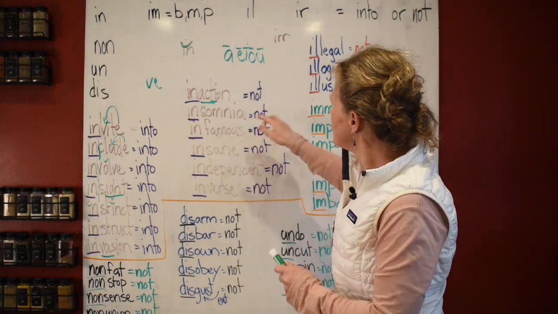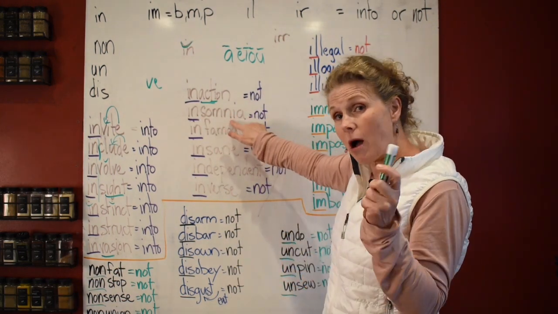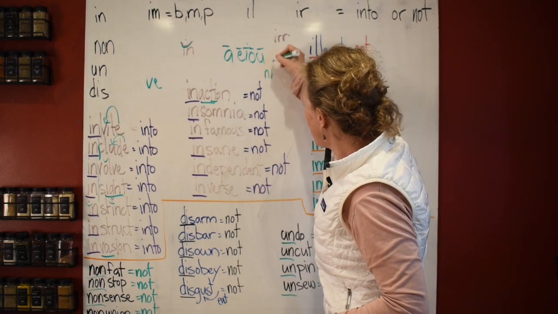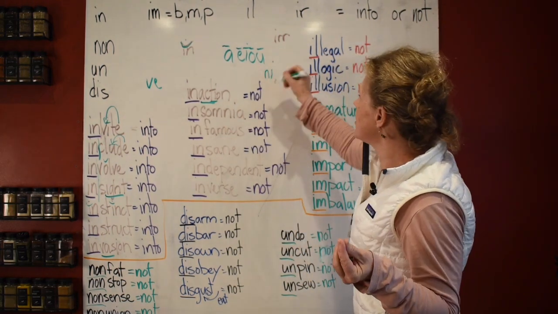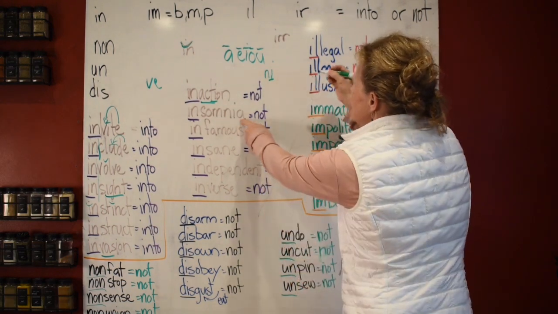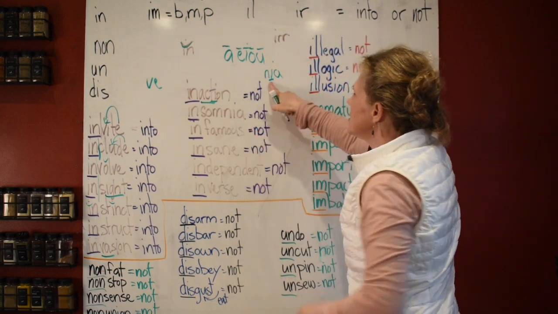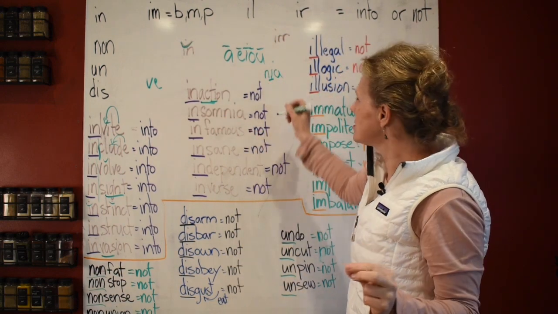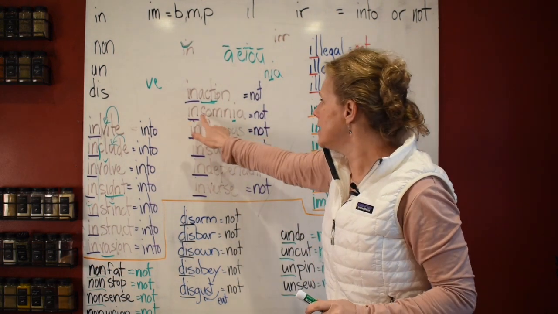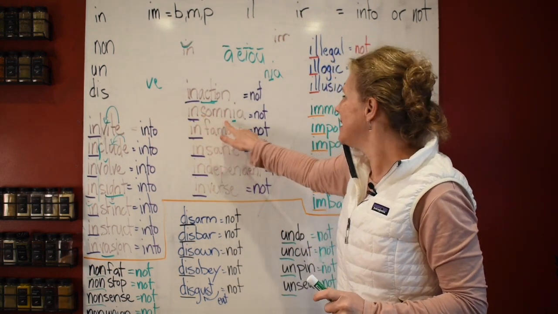Insomnia means not. Now remember, we talked about if you have N-I, or this I right here, and it's followed by a vowel, and here it's an A, then this is going to say E. That is the reason why this I says E. Insomnia.